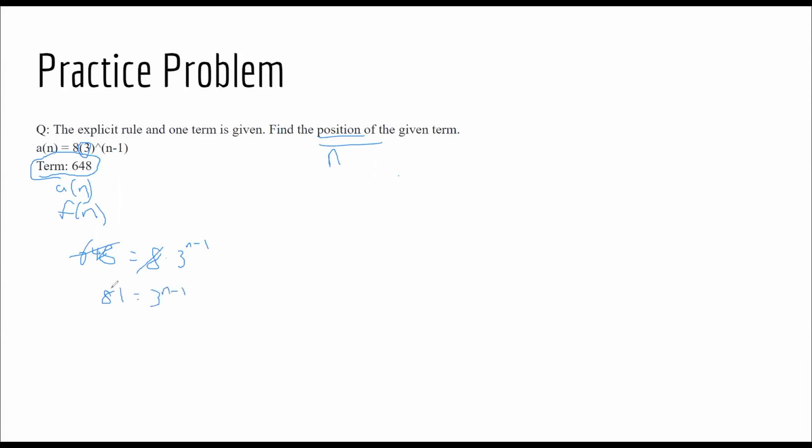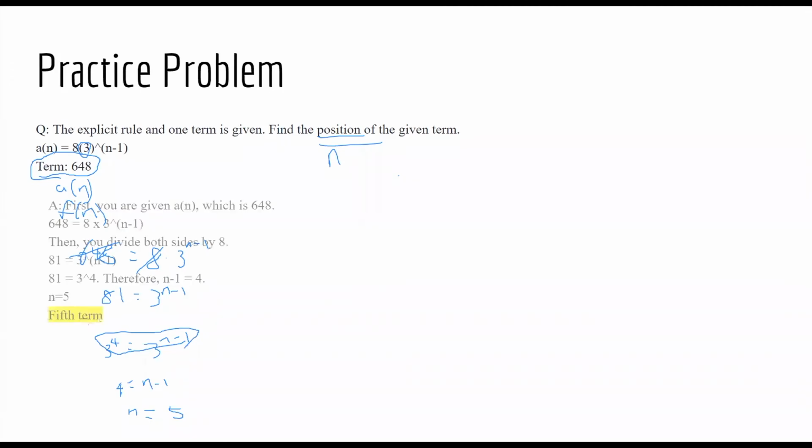So 81 is 3 to the 4th. So 4 equals n minus 1 from the exponent. This is the exponent rule. n is 5, which is the fifth term. Here's the answer.